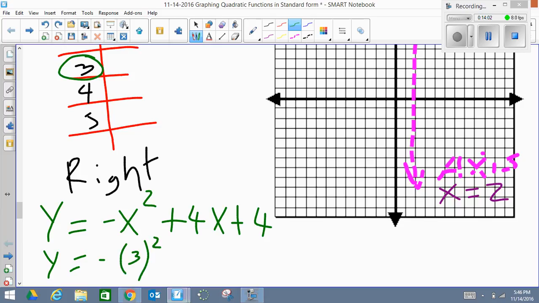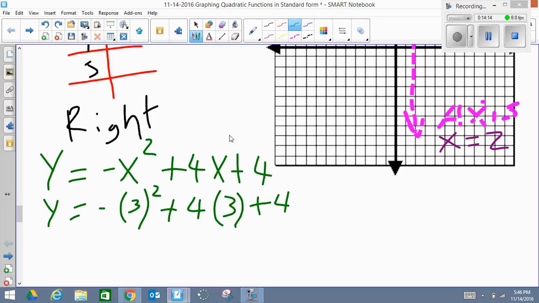So parentheses, 3 squared, plus 4 times 3, plus 4. Solving that, I get y equals negative, and 3 squared is 9, plus 12 plus 4.